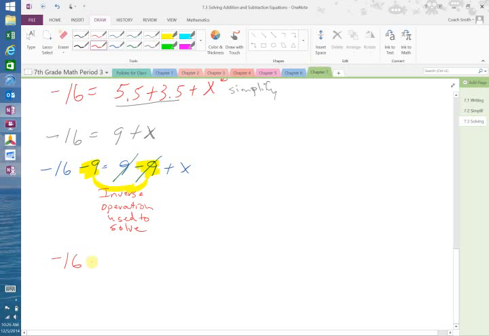Negative 16 plus negative 9 equals x. Okay, once again, I changed this to the plus, and I did the opposite of the 9.